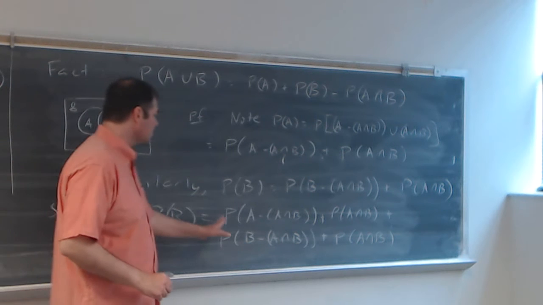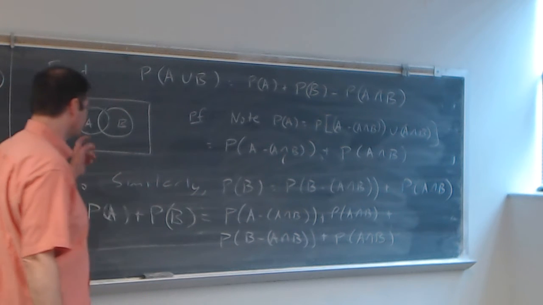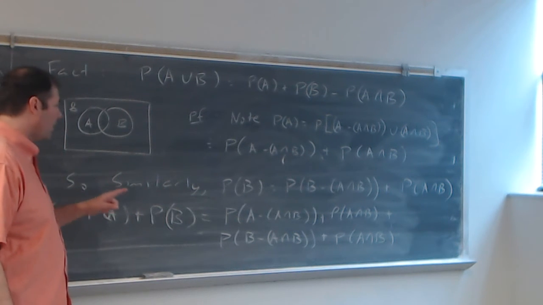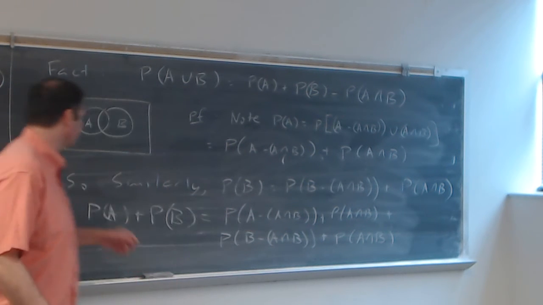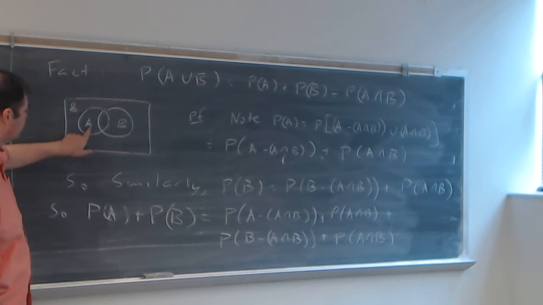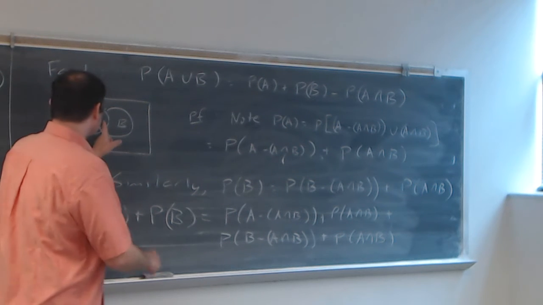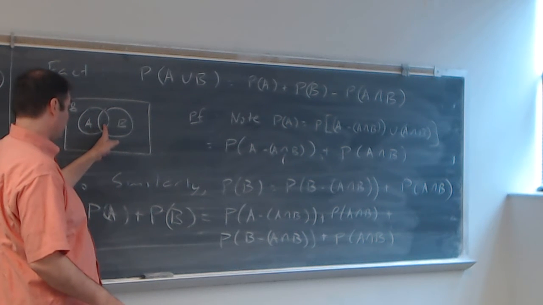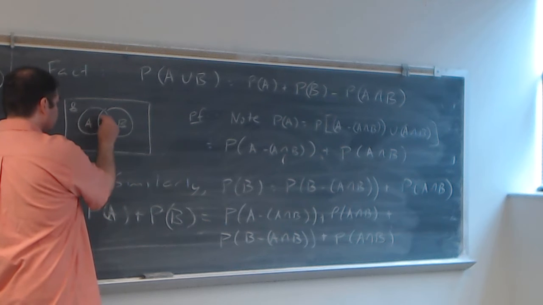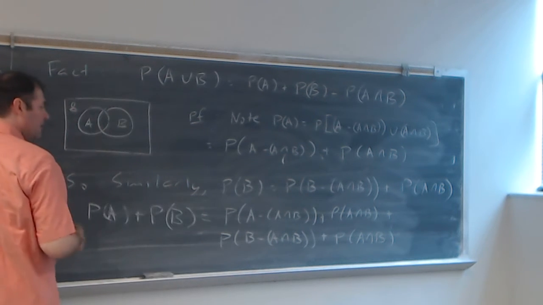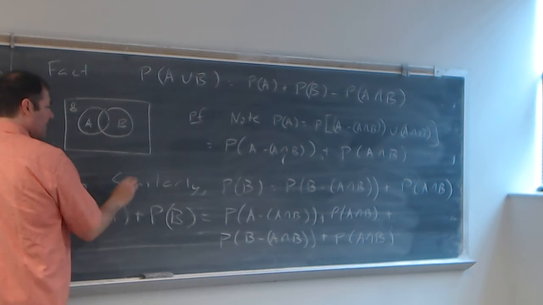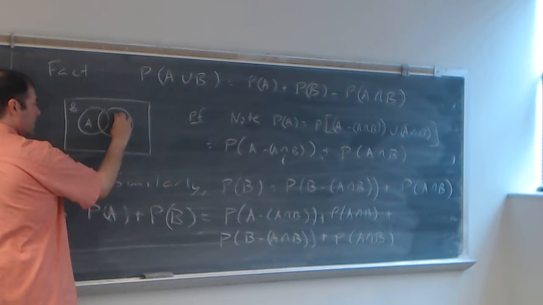Before I go on, let us look at these first three probabilities with this Venn diagram. The set A minus A intersect B is this part of that. A intersect B is this part of A. So we've got this region plus this region, and then finally this part, the probability of B minus A intersect B. The B minus A intersect B is this part of B. So we've got this part, and this part.